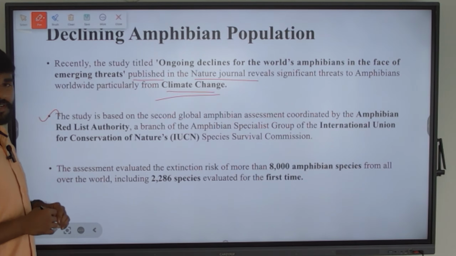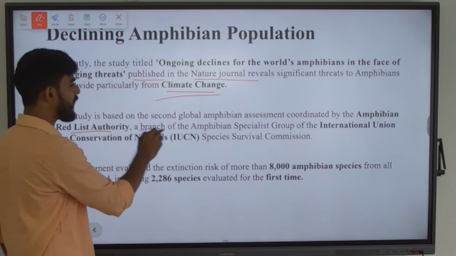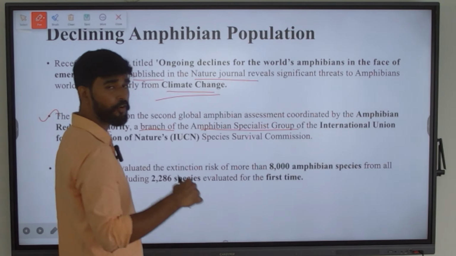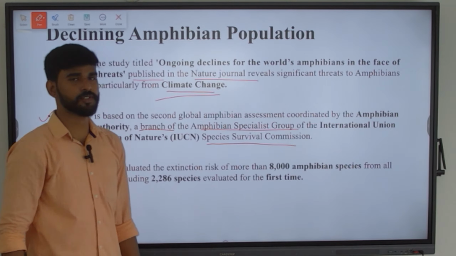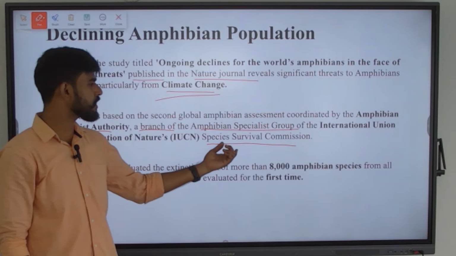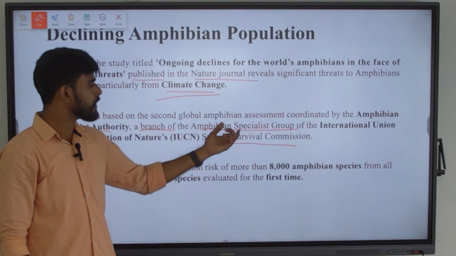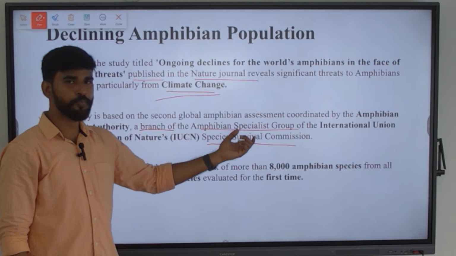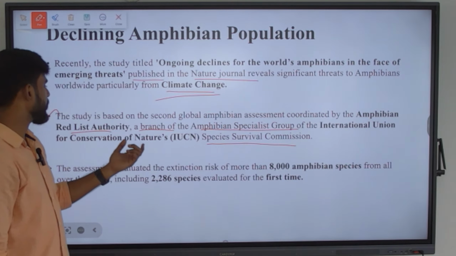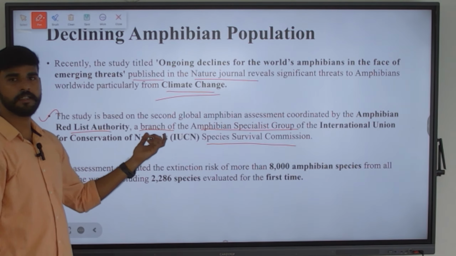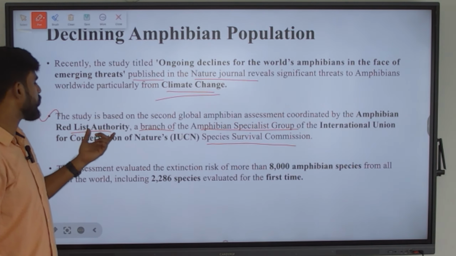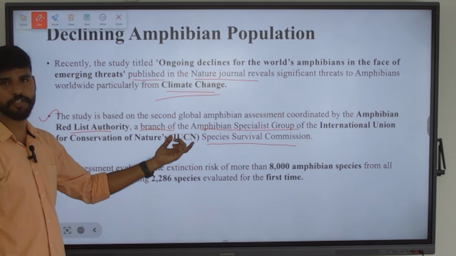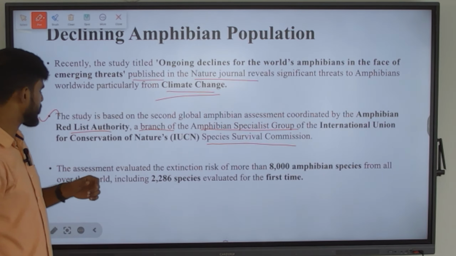And this Amphibian Red List Authority is actually a branch of the Amphibian Specialist Group of the IUCN Species Survival Commission. So IUCN has this Species Survival Commission, and the Amphibian Specialist Group of this commission is one branch here. Okay, so this Amphibian Red List Authority is a branch of this specialist group. So this is how it is linked, okay?